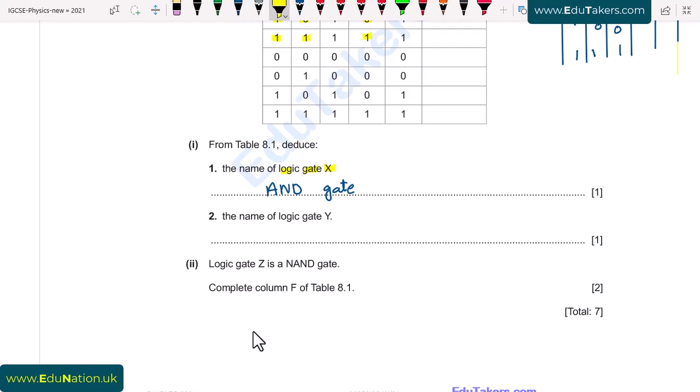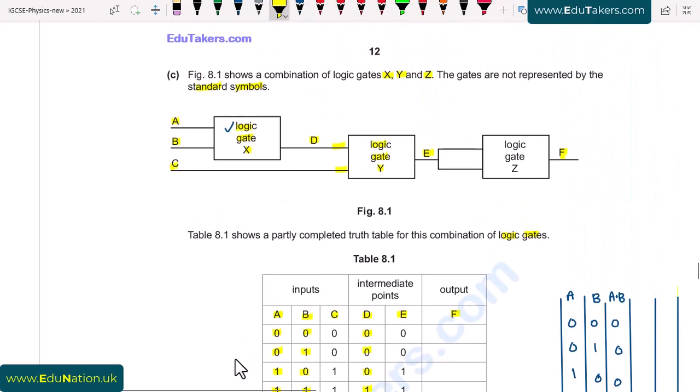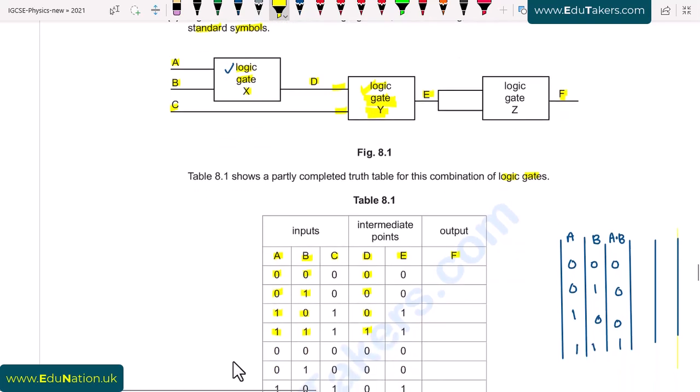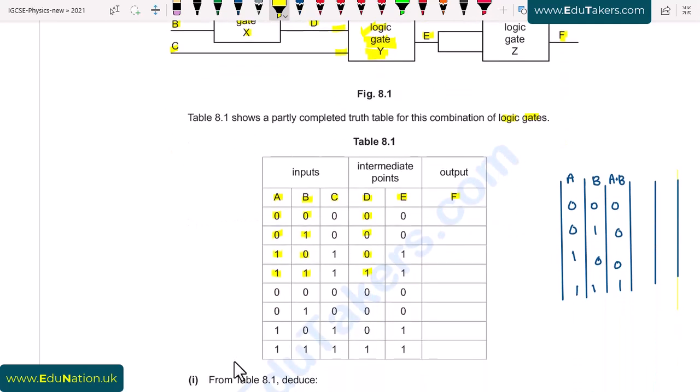Part 2. The name of logic gate Y. So here we have to tell the name of the logic gate Y, that is here. It is formed by input C and D and the output is E. So we can see in the truth table that it is formed by C and D and its output is E. So we check different combinations of input.